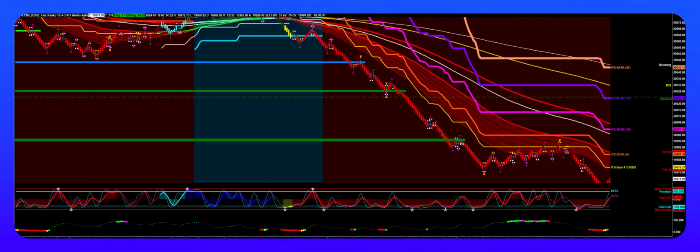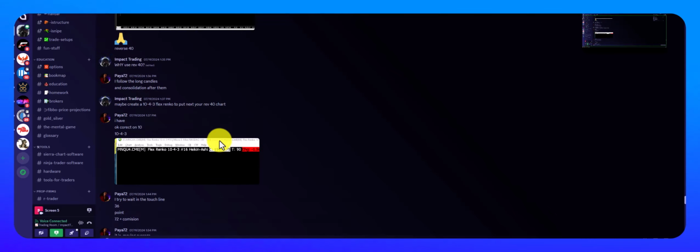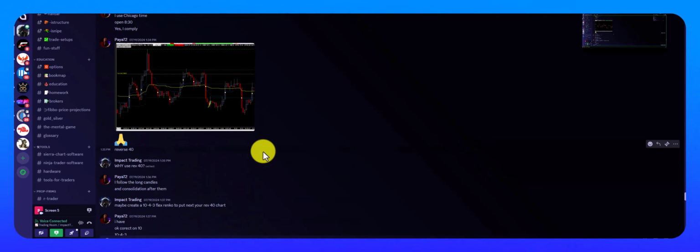Okay. But what I think, if you start to tighten up your stop, then I think that you can change your ATM. Okay. And I want you to change your ATM to actually taking more micros.